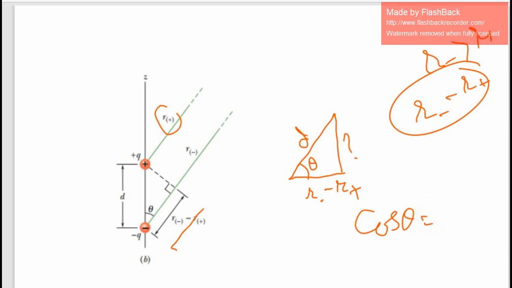Cos theta is equal to the base over the hypotenuse, that is r minus r plus, divided by d.